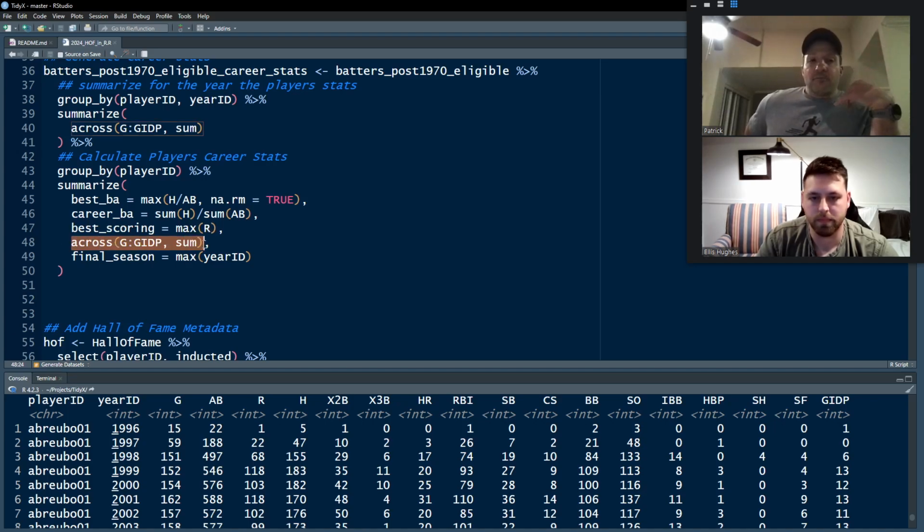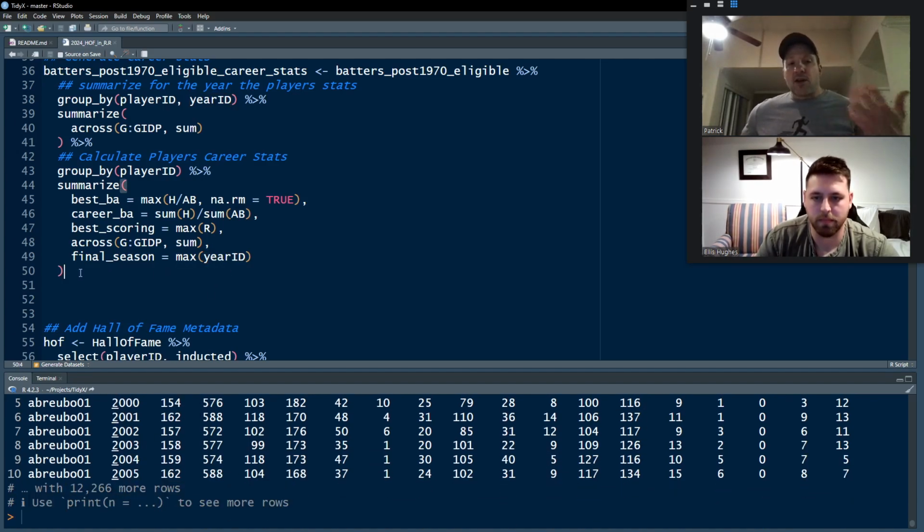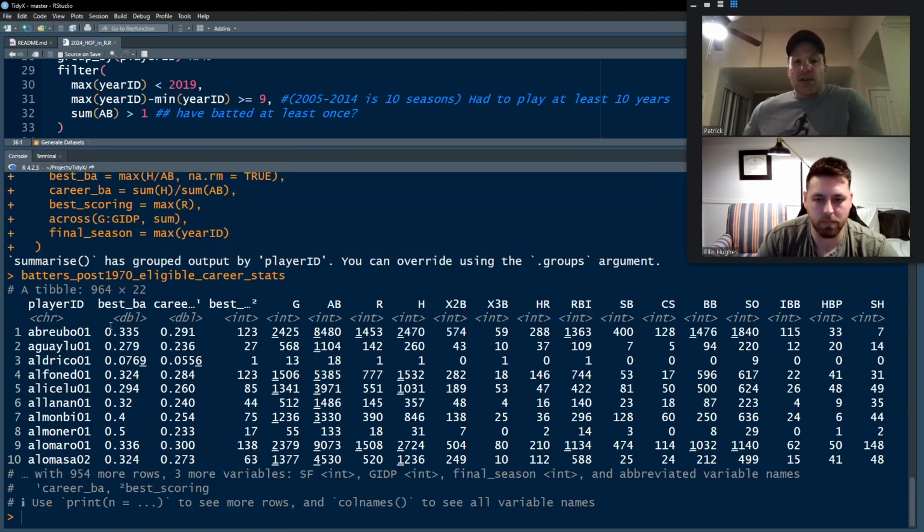And then going across all of the other stats, we're just going to sum those up, and those are now going to be at the player career mark. And then the final season is basically the max year ID, the last year the player has within the data set. So now we have a cool data set that has everything grouped on the player career level.